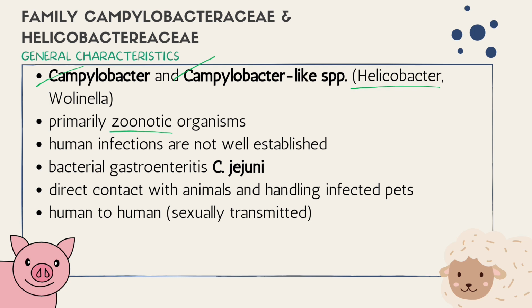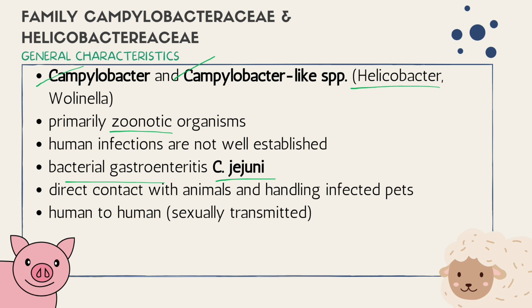They are primary pathogens of our animals such as cattle, pigs, sheep, and other farm animals, and sometimes may also infect your pets such as dogs and cats. Human infections are not well established, but Campylobacter jejuni is the leading cause of bacterial gastroenteritis in humans.